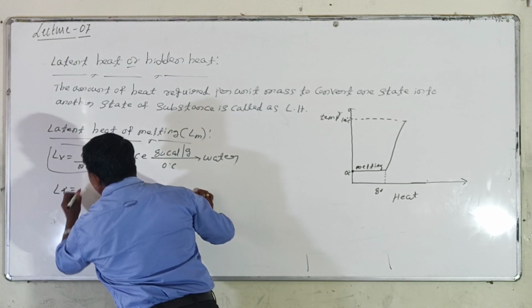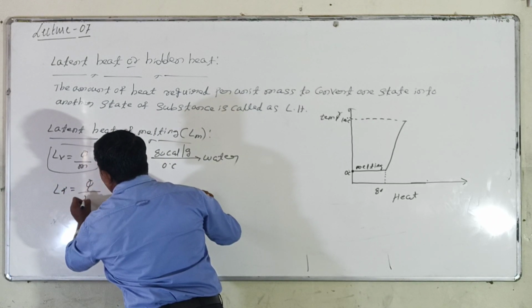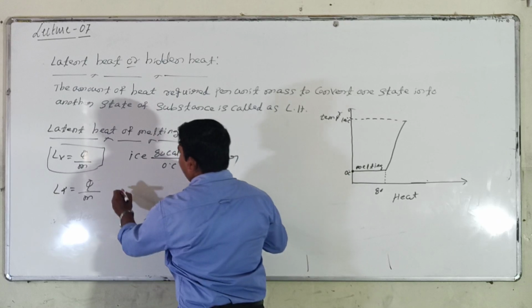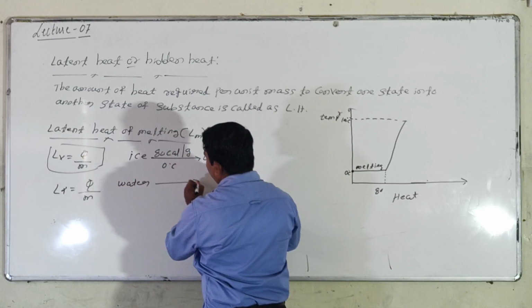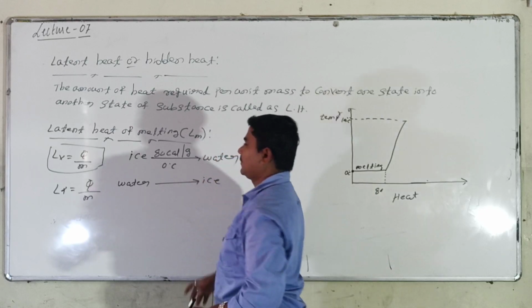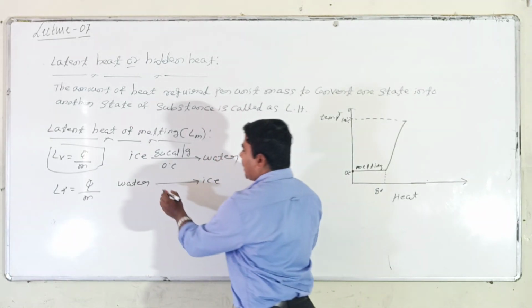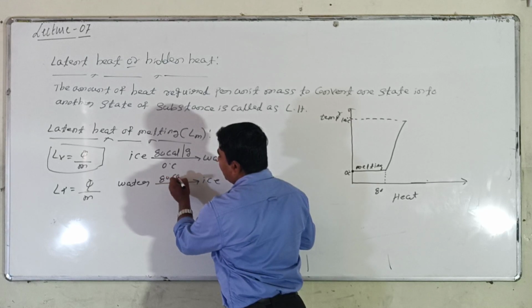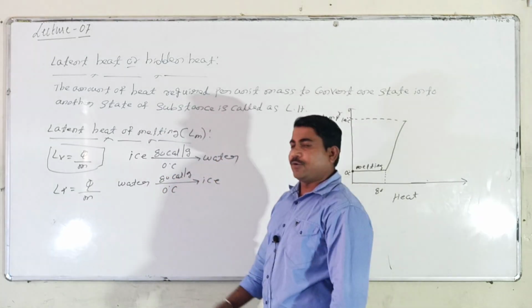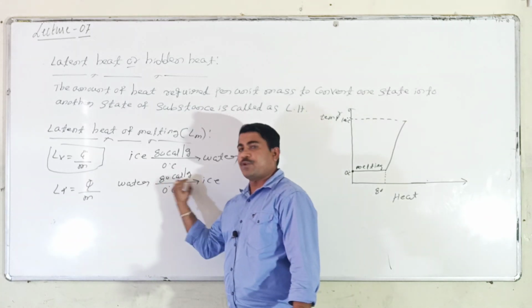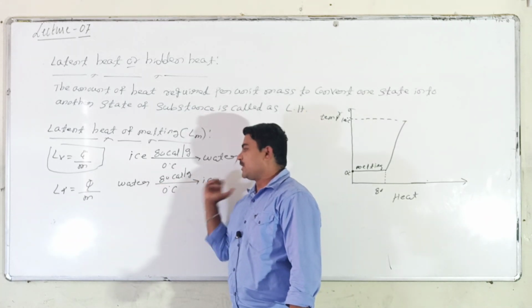Shall I represent it by LF? The amount of heat required per unit mass. Water is converted into ice. If we extract 80 calorie per gram at 0 degree Celsius, then water converts into ice.